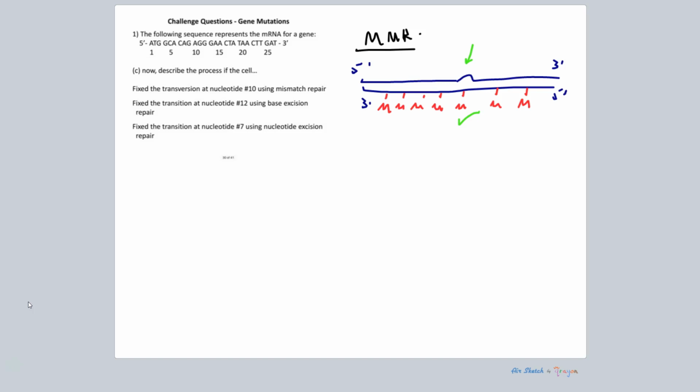So what the cell does in order to repair DNA by the mismatch repair mechanism is it nicks the DNA backbone on the unmethylated strand at the nearest methyl group downstream of the mutation, the nearest methyl group at the 3' end of the mutation, which would be this methyl group right here.